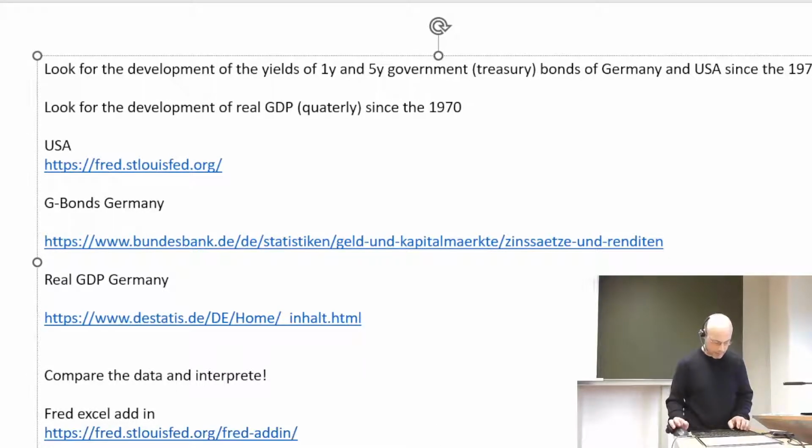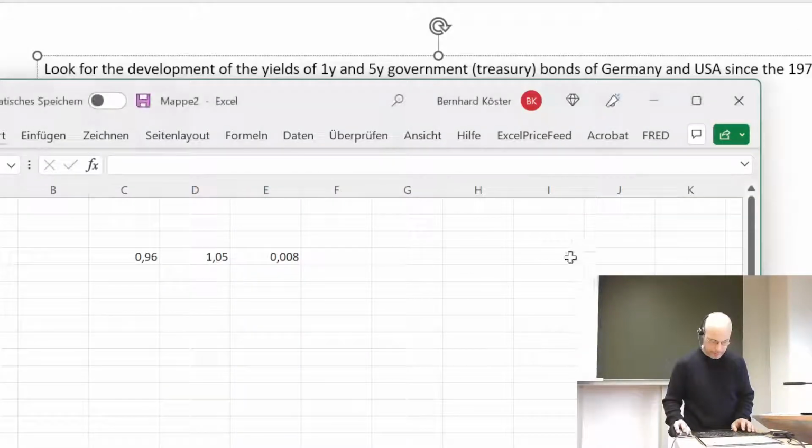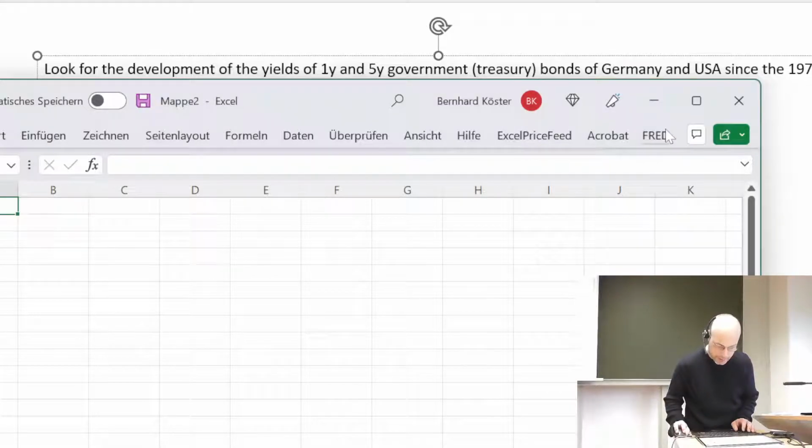Then you can just install this and then you can easily download directly in Excel. So where is it? Here.